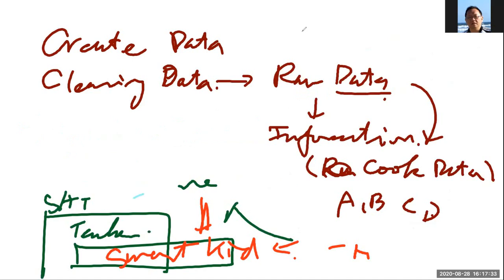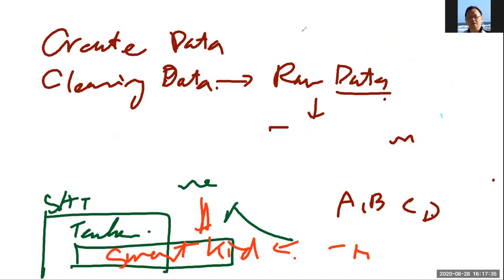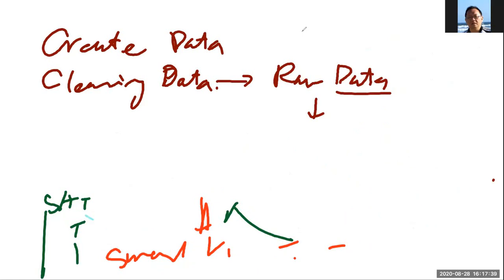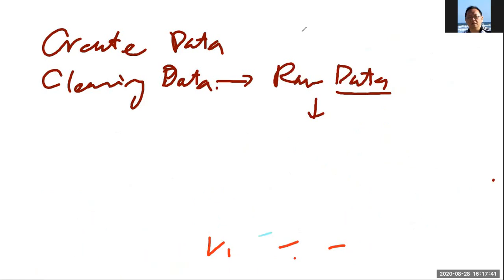Okay, cooked data, let's actually change it a little bit. So we got raw data, right? Let me erase them. Raw data is the bubble, right? And as I say, you enter the data, you may have quantitative, you may have qualitative, right?